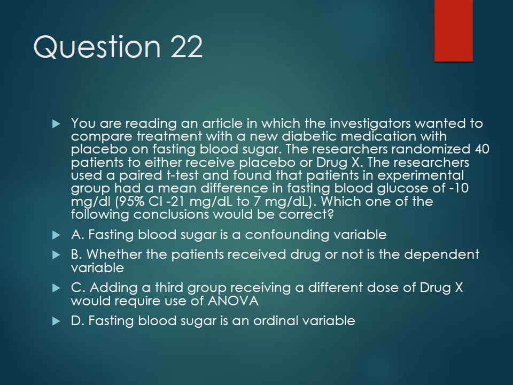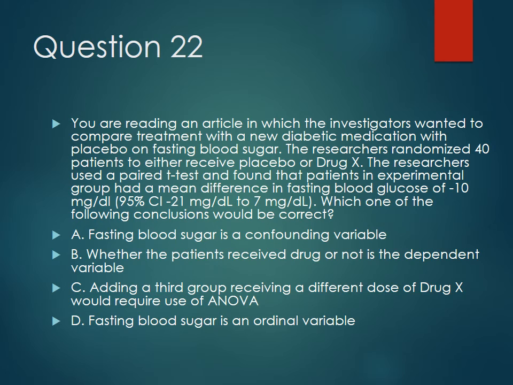Next, we're going to skip C for a second and go ahead and go down to D. And so we're going to say that fasting blood sugar is an ordinal variable. And of course, you know that this is incorrect because basically it's a continuous variable. Blood sugar has a continuous number that can run from low to high. We know that it has a very set difference between one value to the next.